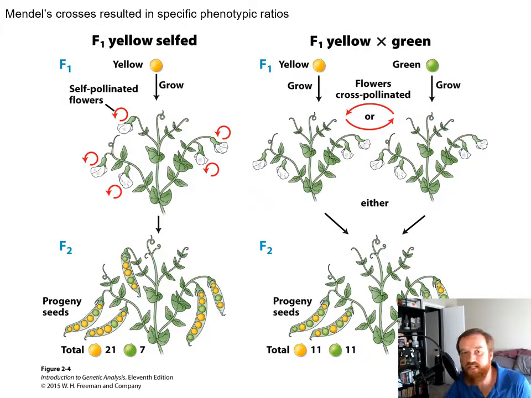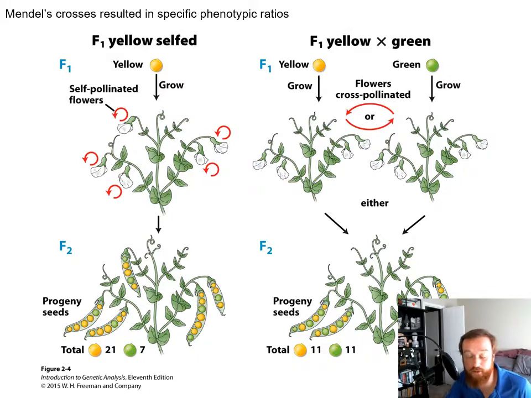Let's look at some of the experiments that Mendel did to discover or to unravel these inheritable factors that organisms were passing down from parents to offspring. And so one of the first things he did is he took yellow pea plants and he selfed them.